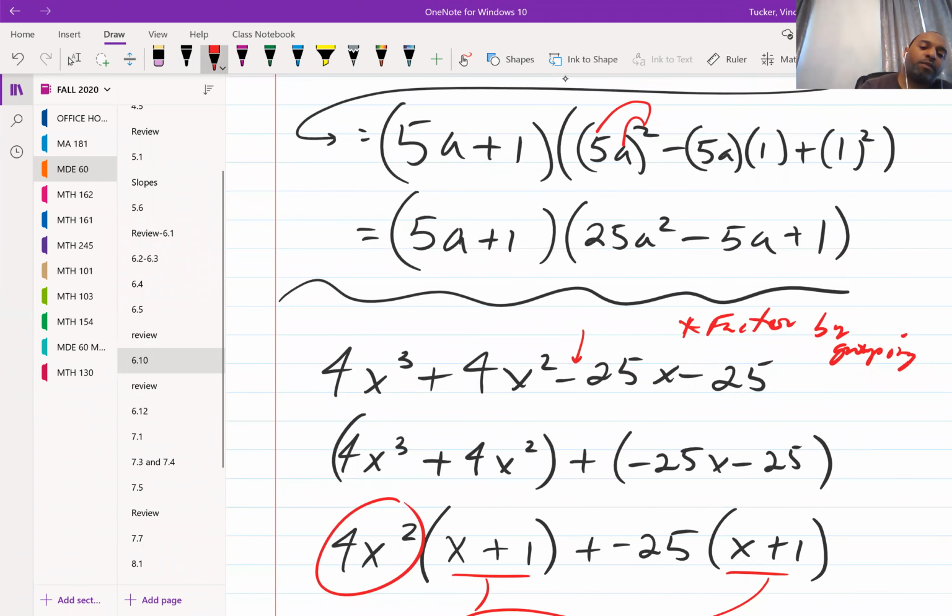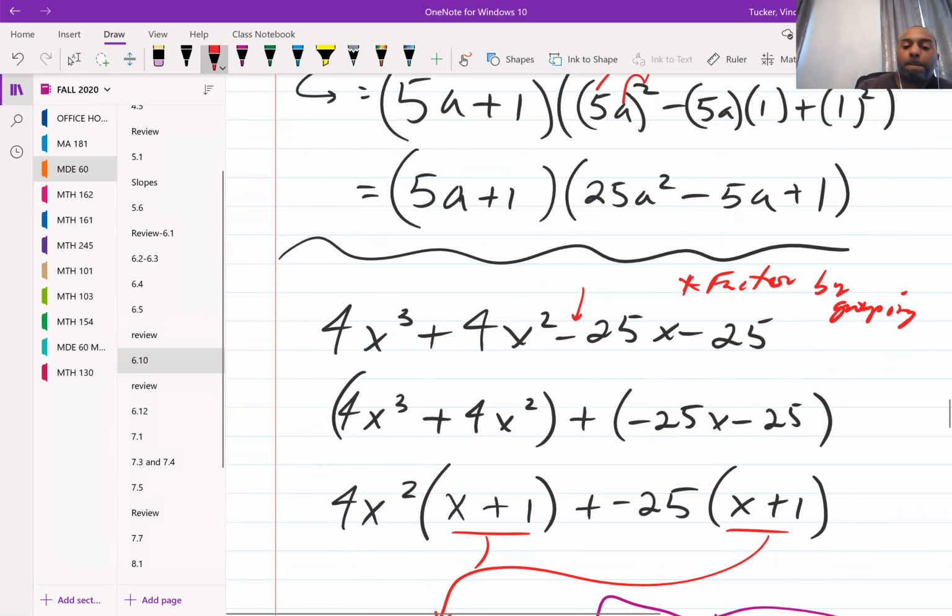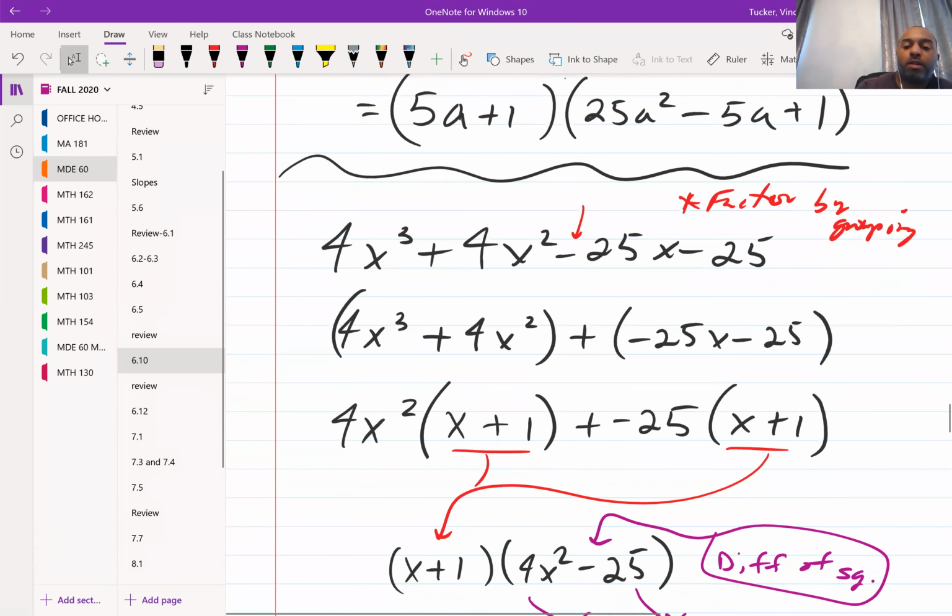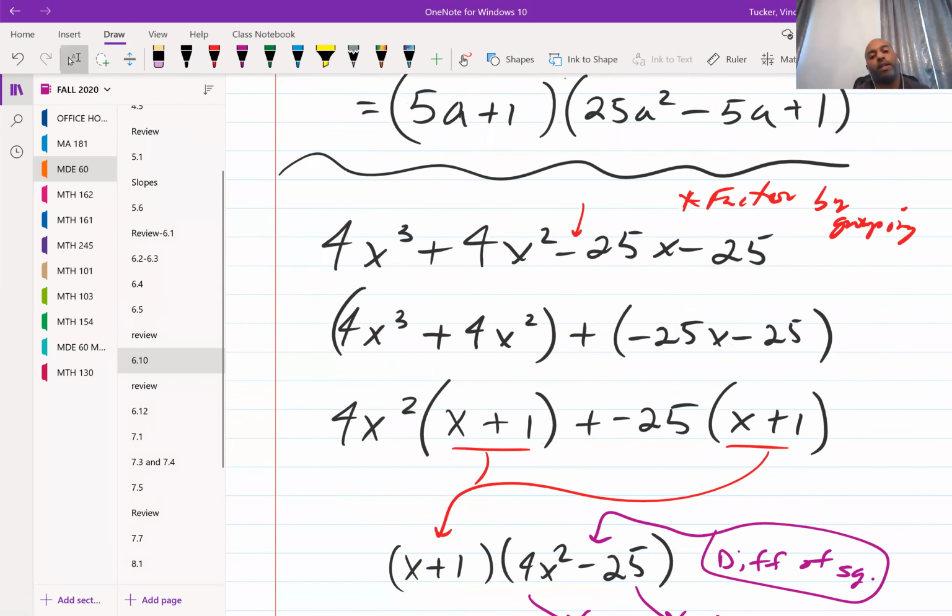Factor out the GCF of 4x squared. Factor out the GCF of negative 25. That leaves us with x plus 1 in each parentheses. Bring it out front, and what's left in your parentheses is the x squared minus 25.